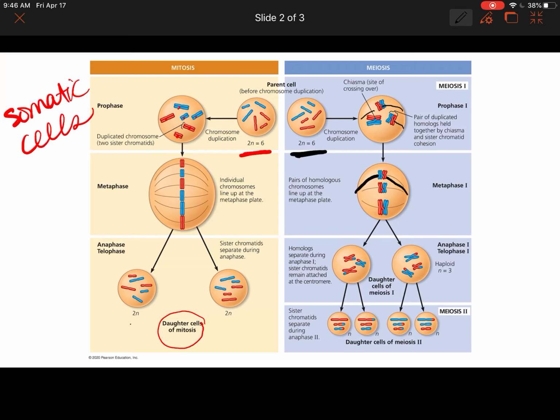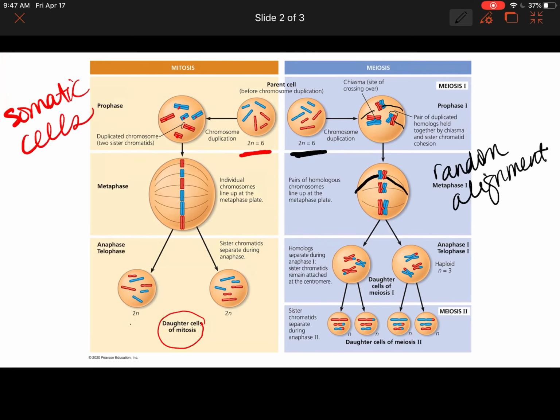Now remember how these homologous pairs of chromosomes line up on the metaphase plate is completely random. All right, we've got that random alignment. Then in anaphase 1 and telophase 1 of meiosis 1, the homologous pairs of chromosomes are separated. They're pulled to the poles of the cell.